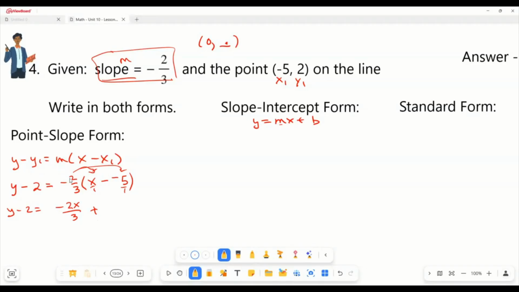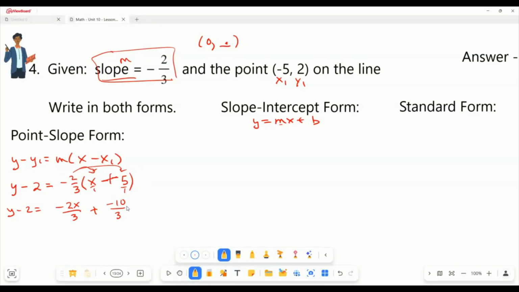Over 1. 5 times the negative 2x is negative 10. I'm sorry, not negative 2x. It's the negative 2/3 times 5, and I get negative 10. Remember, this is now positive, but I get negative 10, negative 2 times 5, and 3 times 1. We got rid of the parentheses.